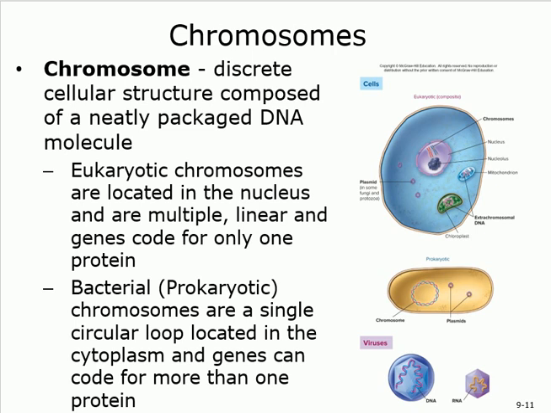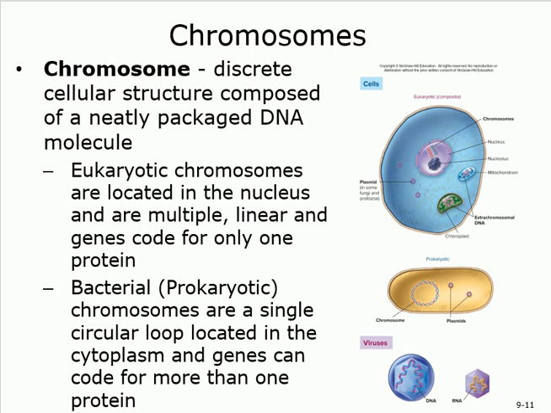This is one. Number two, in eukaryotes, we have multiple chromosomes, a lot of chromosomes. In bacteria, you have one. The other thing is, how does it look? In eukaryotes, it's linear. In bacteria, it is circular. Are we following? Linear versus circular.